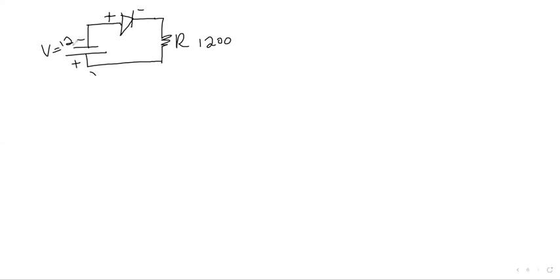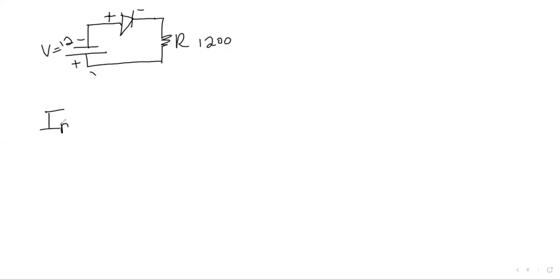How do you determine whether it's reverse bias or forward bias? Reverse bias is when negative goes to positive and positive goes to negative. So in reverse bias, what will happen? We know it's the practical model. If it's the practical model, it's an open switch. If it's an open switch, it's an open circuit. If it's an open circuit, the current won't flow to the resistor. The resistor won't receive a voltage.